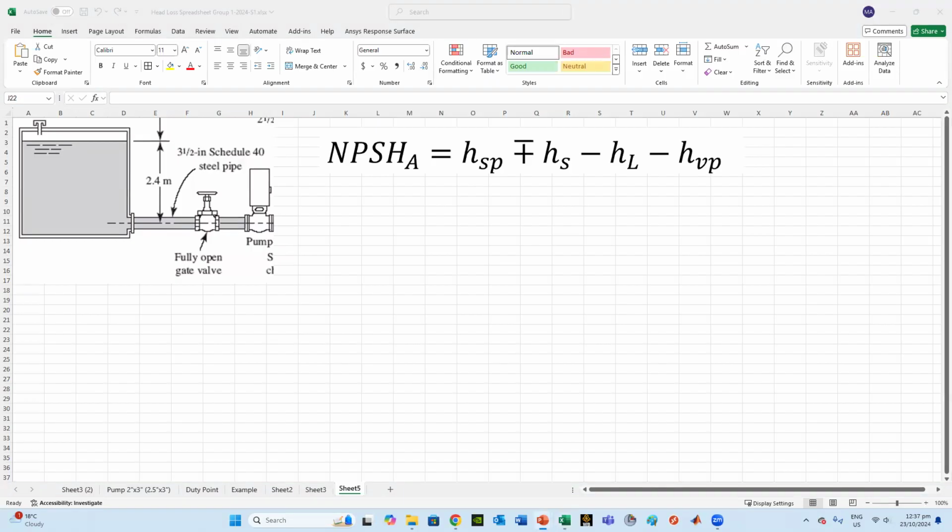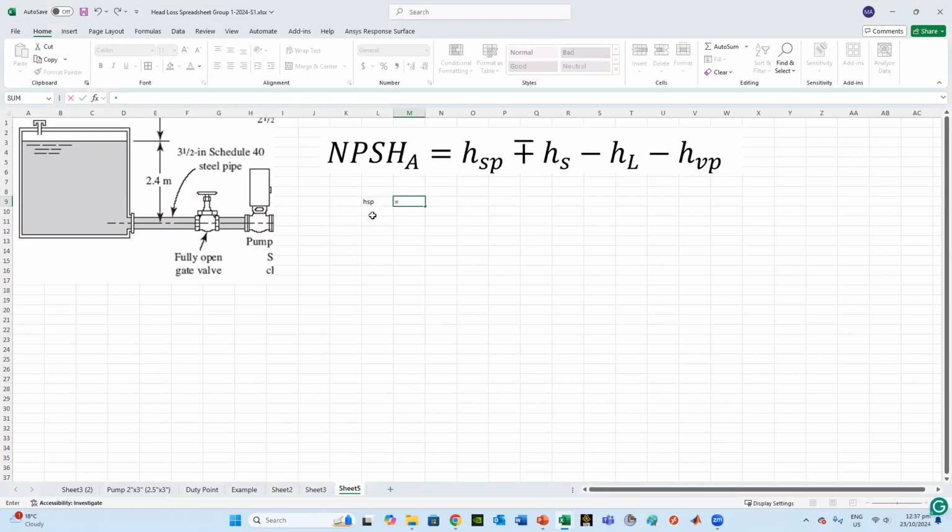So first thing, we want to start with calculating HSP. HSP equals, for us, the absolute value. So it would be 105 value plus the gauge, which is 0 because you can see it's vented.